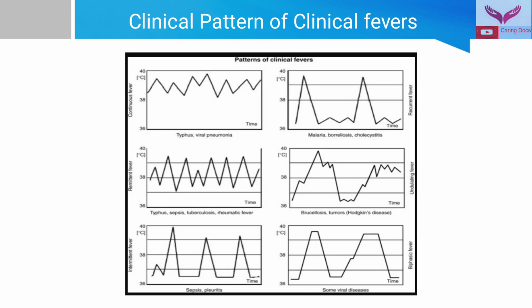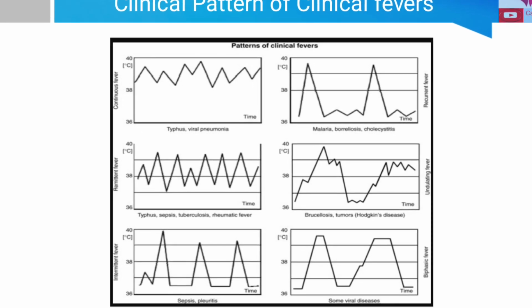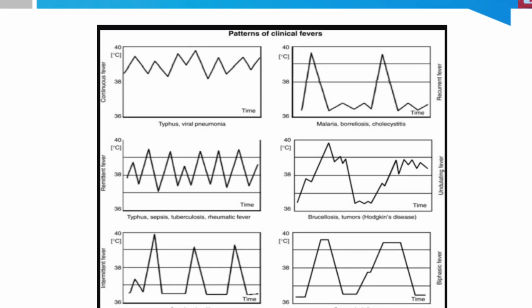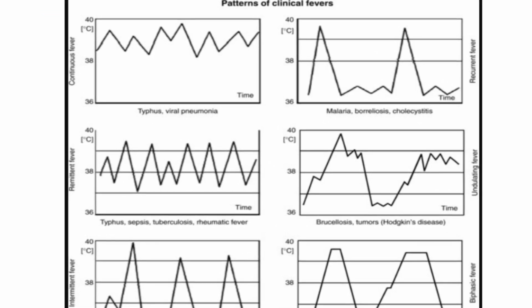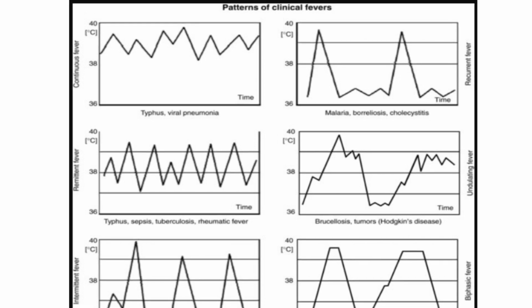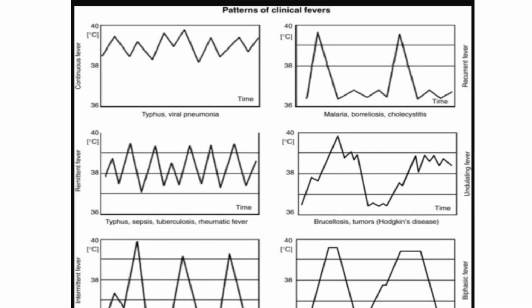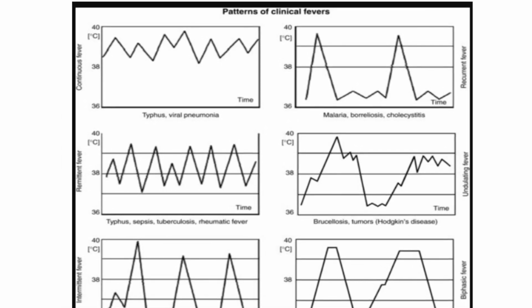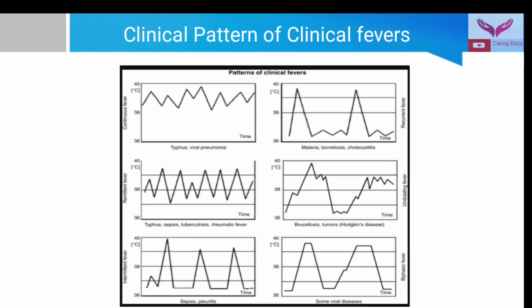These are the various clinical patterns of the fevers. The first figure is the continuous type of fever, which is seen in typhus and viral pneumonia. Then coming down in the first column, remittent fever is seen in typhus, sepsis, tuberculosis, rheumatic fever.